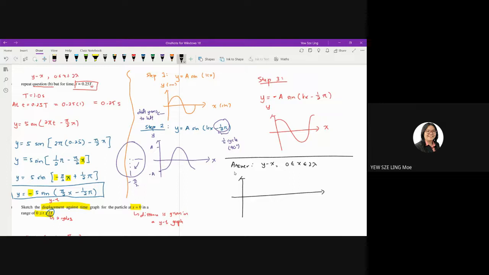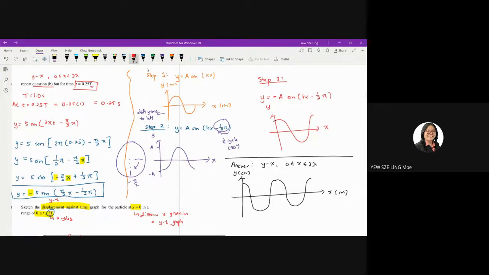So this is my y in cm, my x in cm. The shape I'm going to use is the shape from step number 3, where my graph starts from maximum amplitude. So 1 cycle, and then 2 cycles. So it stops here.